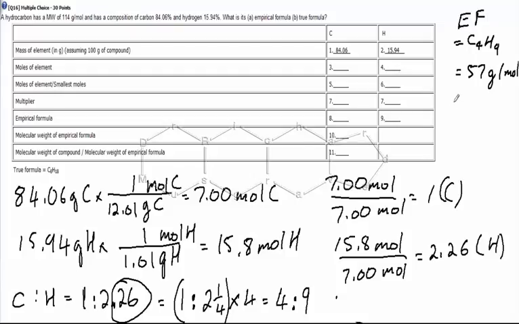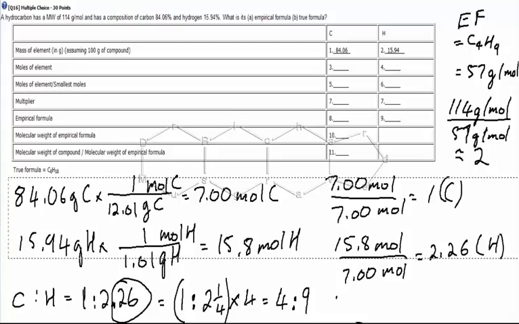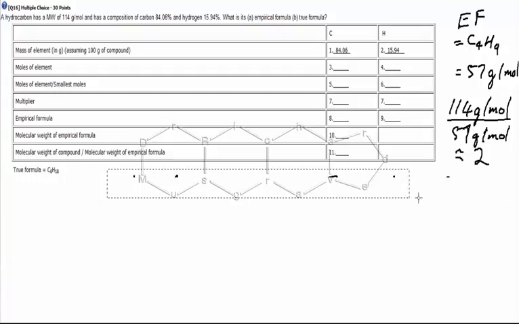Now what I'm going to do is take the true formula, which is 114 grams per mole, divide by 57 grams per mole, and that's going to give me 2. So what that tells me is that there are 2 of these C4H9 units in the true formula of the compound.